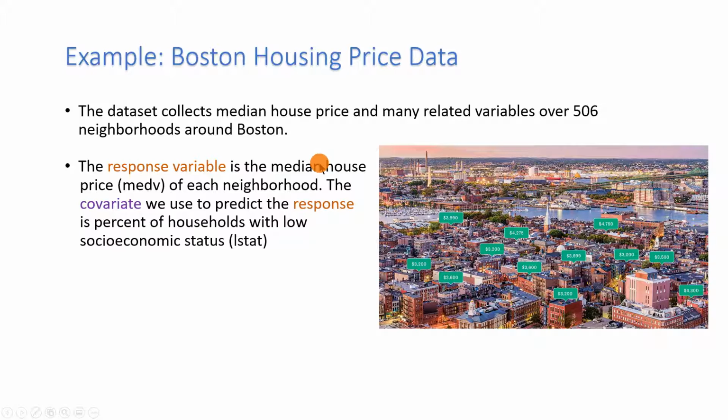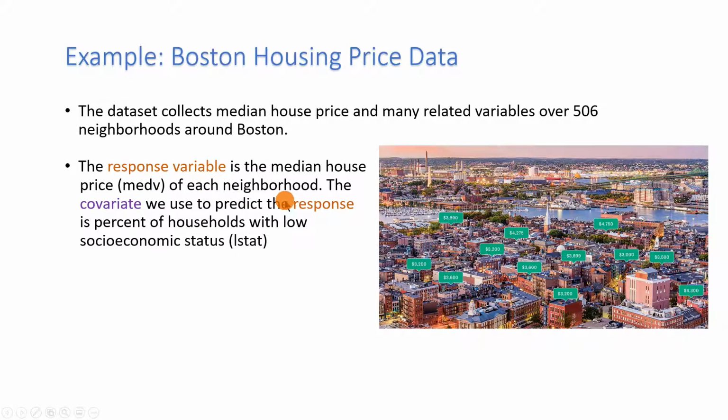For our example here, we only consider a simple linear regression scenario. So we only pick two important variables from the data set to fit a linear model. The response variable we will use is the median house price, labeled MEDV in the data set, for each neighborhood.